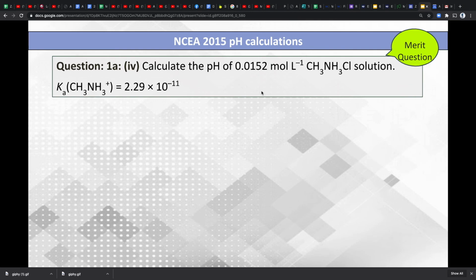Cool, there we go. I've written the expression, but let's simplify it a bit. Remember one of those assumptions we just looked at, right? So I can assume that these two species concentrations are equal up here, so it simplifies to the square of the hydronium concentration.